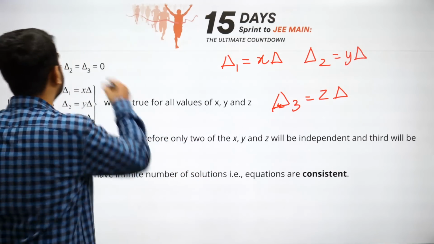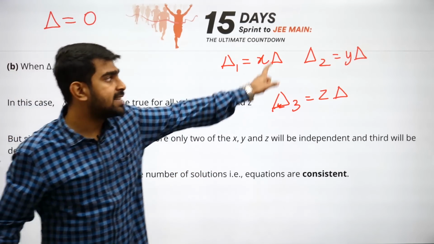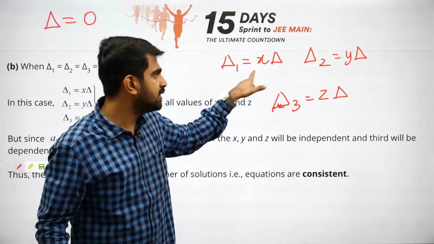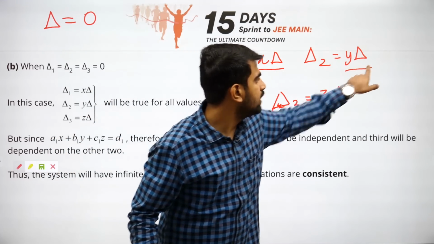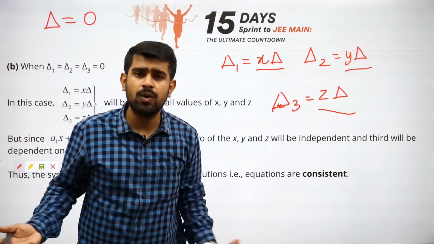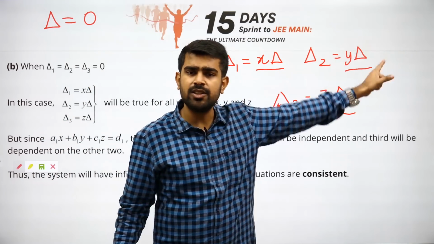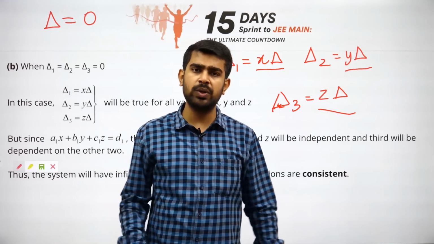What is case 2? Case 2 is delta being equal to 0. That means my right hand side is 0. This is 0, this is 0 and this is also 0. Why, sir? Because delta is 0. x into 0, y into 0, z into 0 is obviously 0.